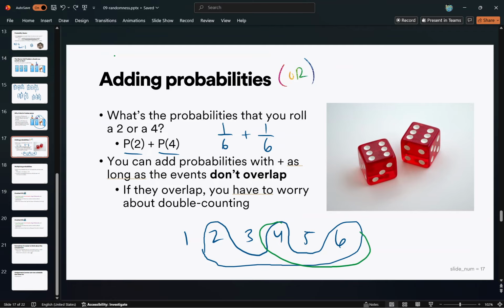Those are the 2 things I care about. What's the probability that anything I circled happens when I roll my dice? What's the probability that either of those events takes place?